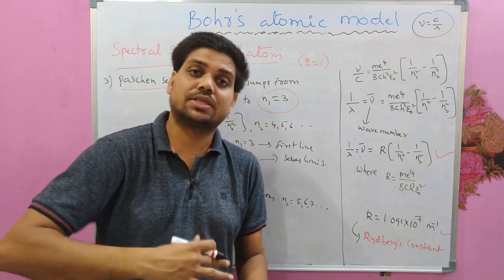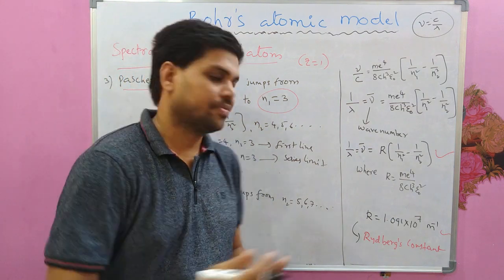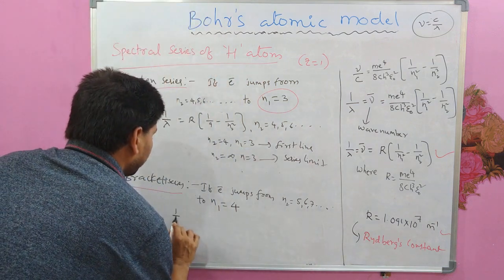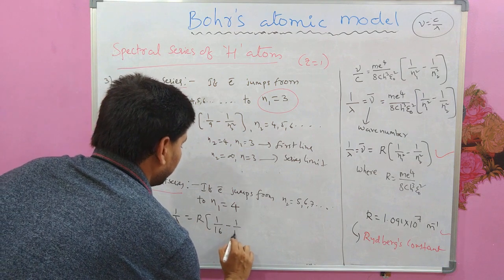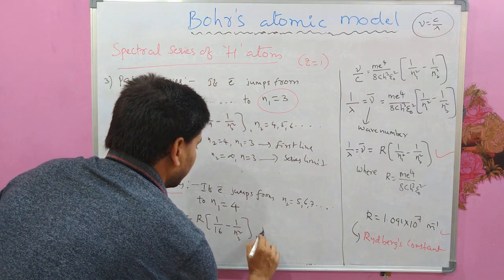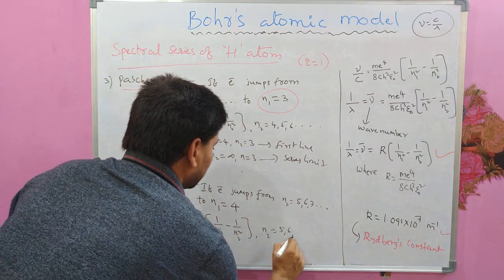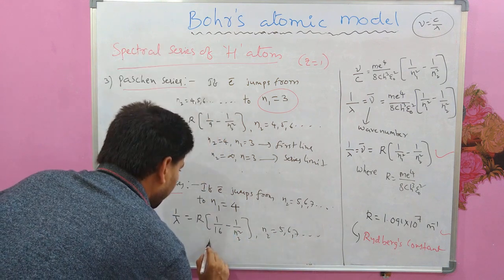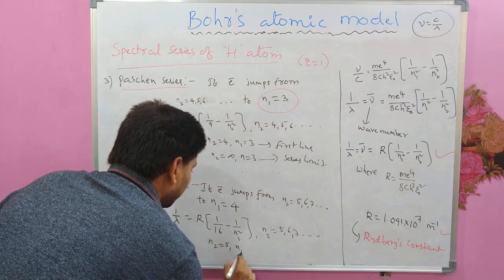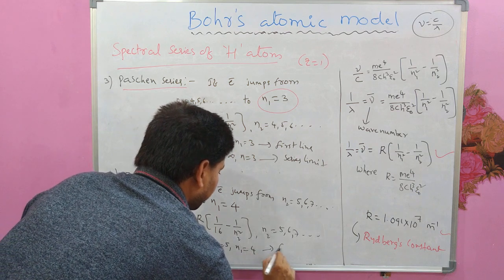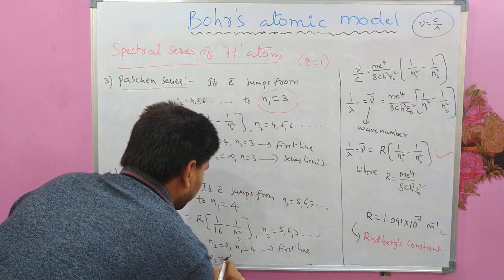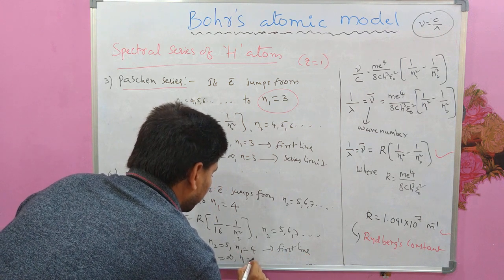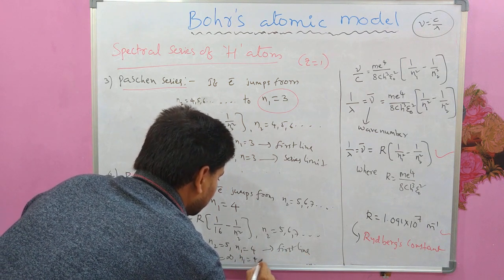The electron is coming to the fourth orbit from higher orbits. And 1 by lambda will be R into 1 by 16 minus 1 by n2 square, where n2 is 5, 6, 7, and so on. n2 equal to 5, n1 equal to 4 is the first line, and n2 equal to infinity, n1 equal to 4 is the last line.